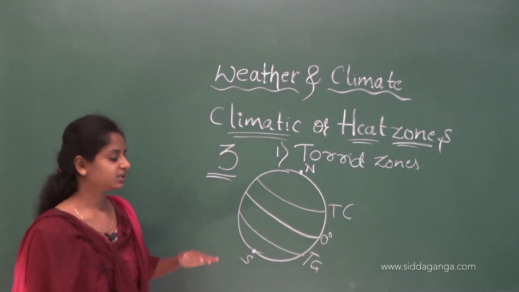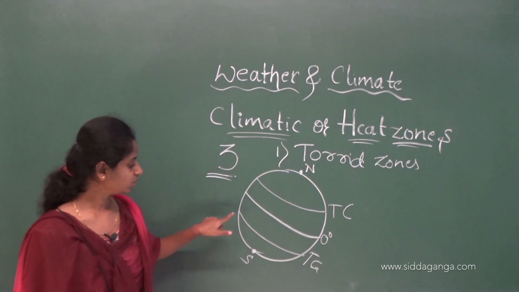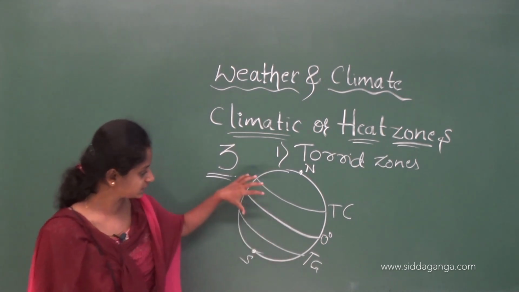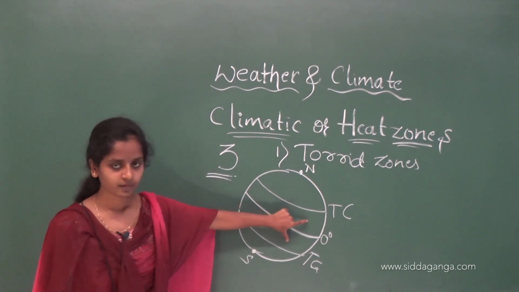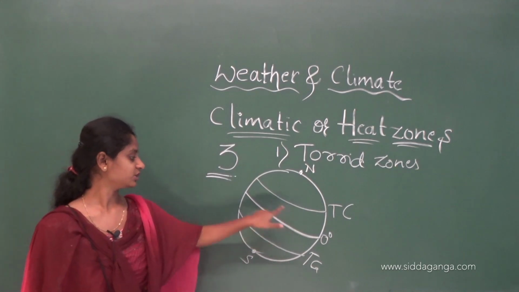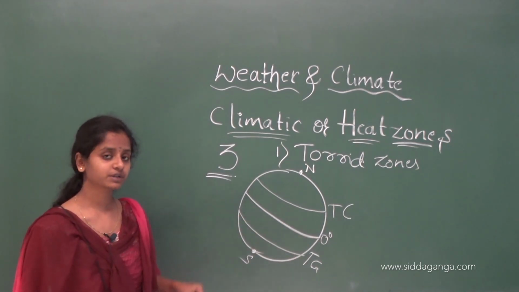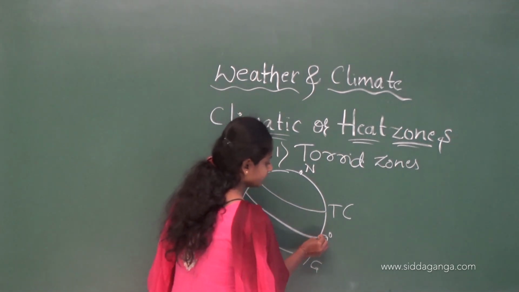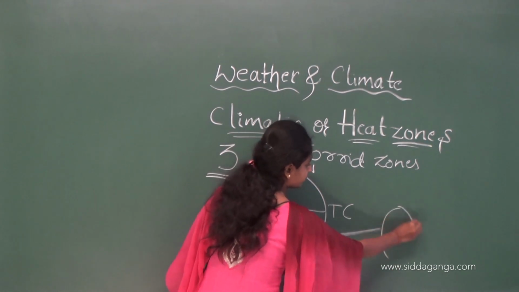So, the region between this Tropic of Cancer and this Tropic of Capricorn is known as the torrid region. This region is nearer to the equator, and in the previous class we have learned that at the equator vertical rays of the sun will fall.